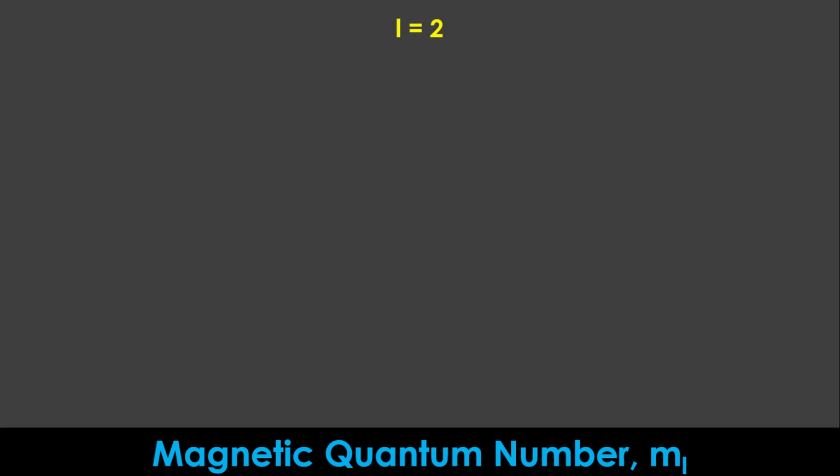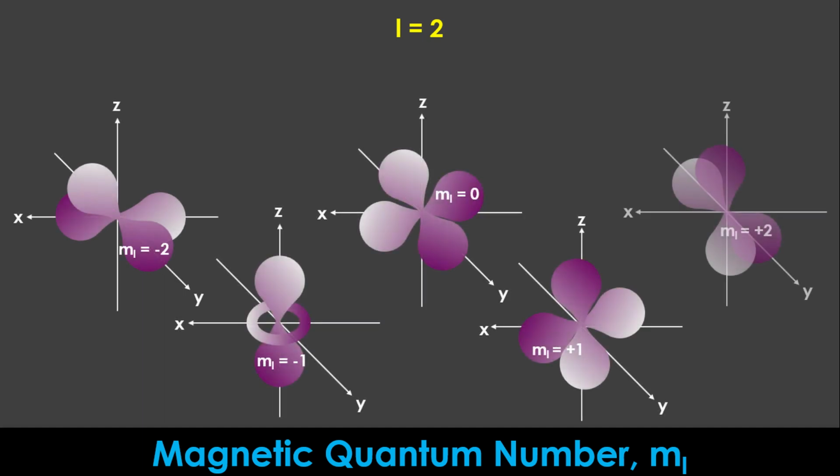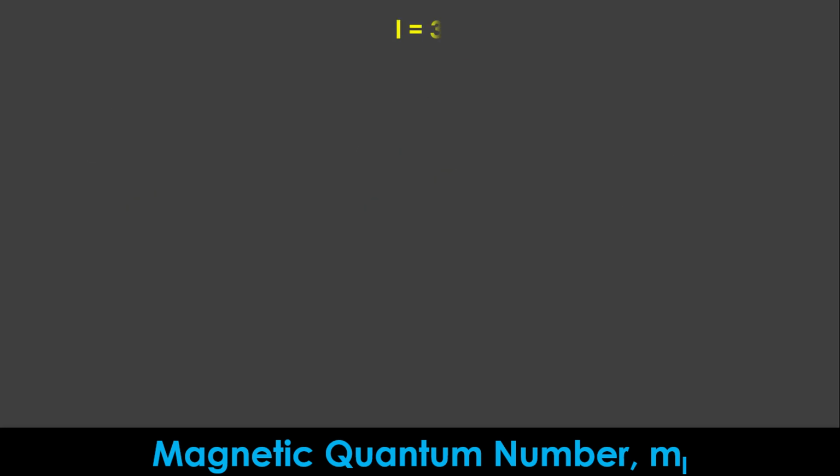For l equals 2, the values of m sub l are -2, -1, 0, +1, and +2. This is why there are 5 orbitals in the d subshell. Finally, when l equals 3, the values of m sub l will be -3, -2, -1, 0, +1, +2, and +3, which is why there are 7 orbitals in the f subshell.